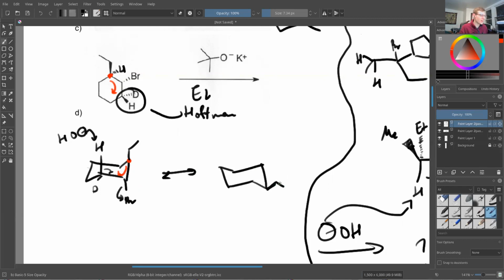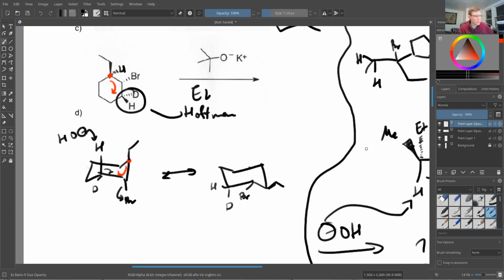Let's say it's over here and it's equatorial. There we go. Right? And the bromine is pointing down, so now it's also equatorial, and there's a hydrogen up here, right? And the deuterium is pointing down, and this hydrogen is pointing up. Okay. And let me maybe even just erase the rest so that we don't get bothered, right?